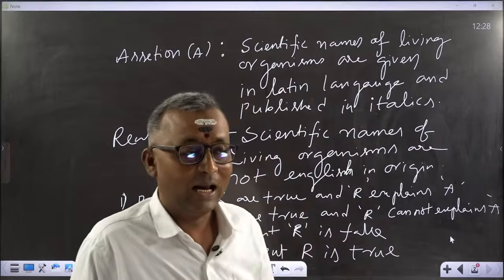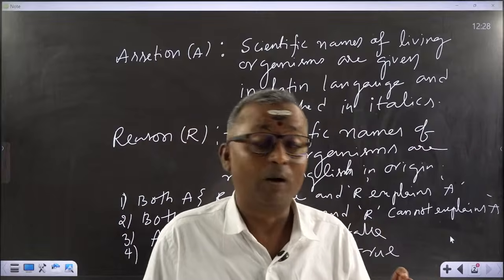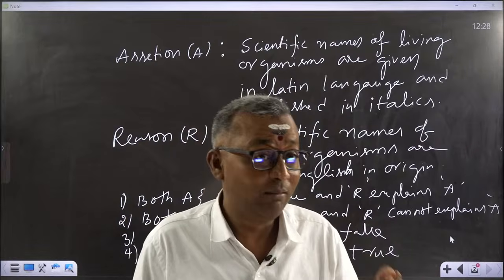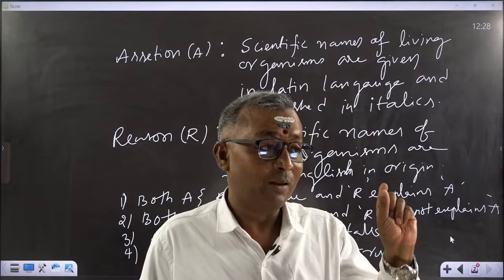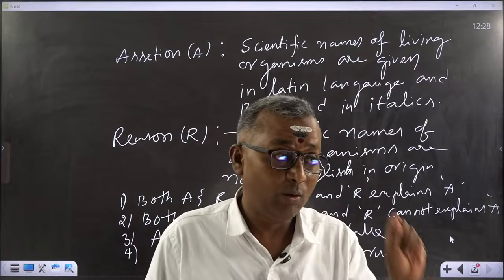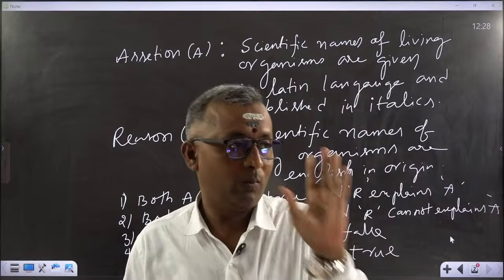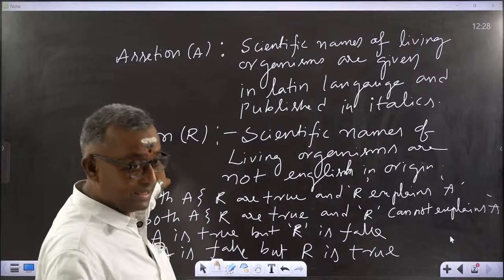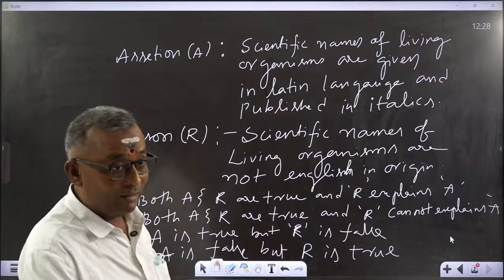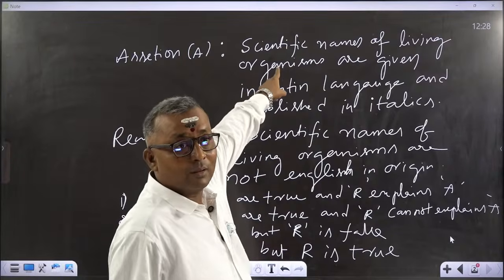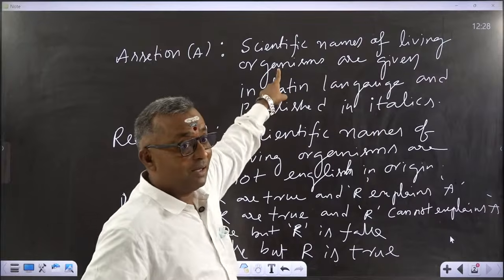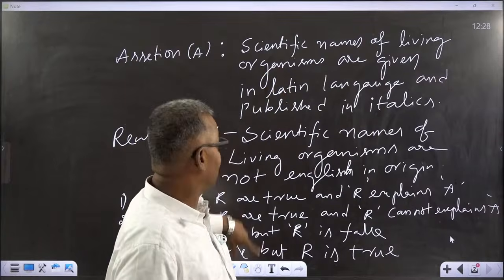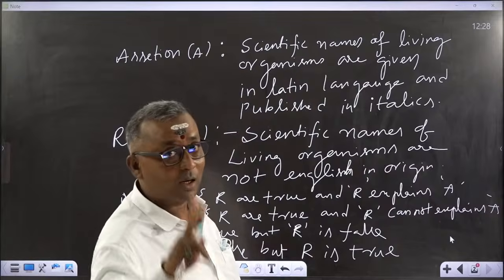So as soon as the assertion is read, what you have to do? You have to put a question tag, why or how. Understood? And then you have to search the region whether the statement given in the assertion is explained or not. So here there are two components.